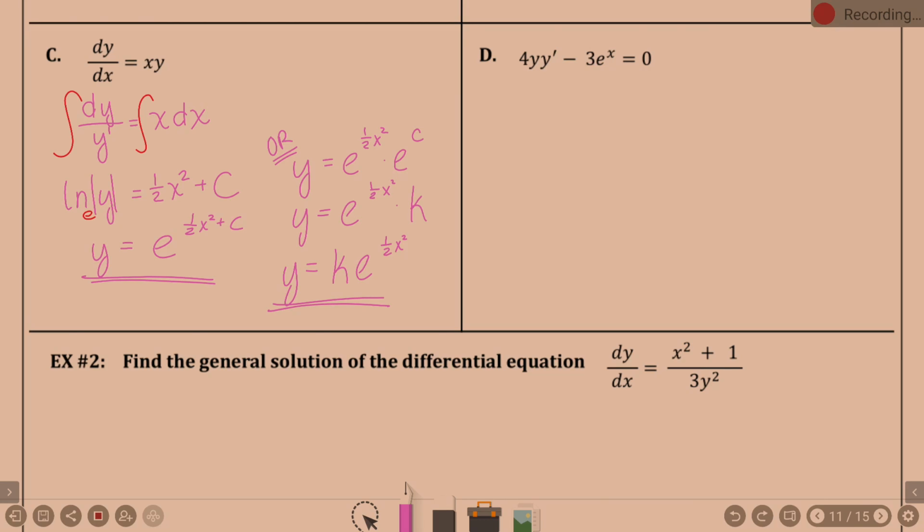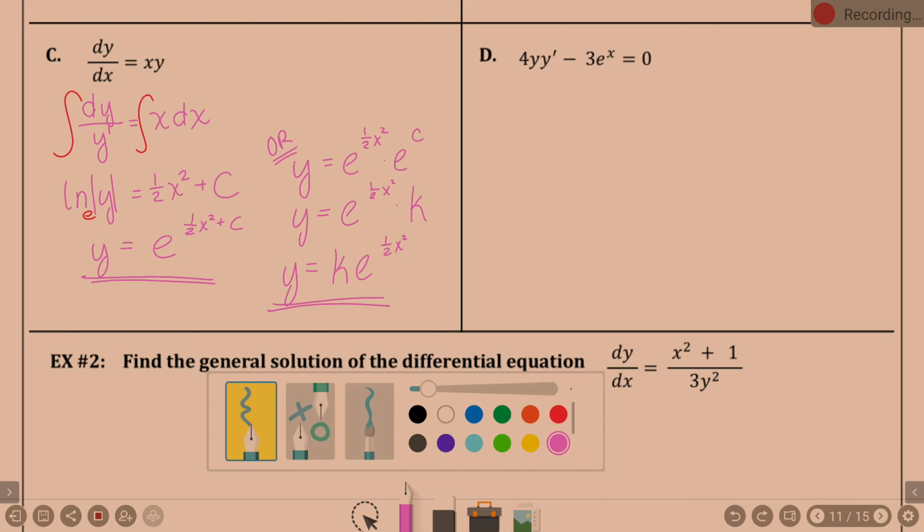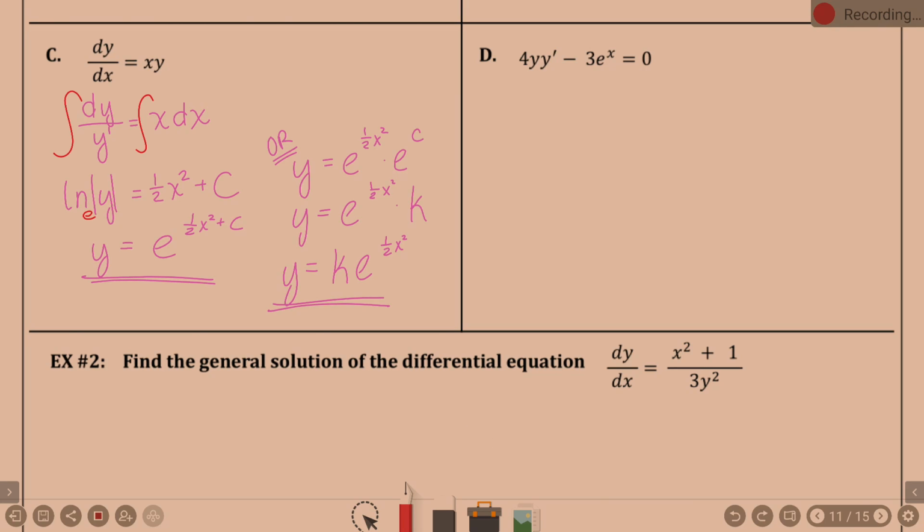4y y prime minus 3e to the x equals 0. What do we know? Add the 3e to the x over. Also, what do we know about y prime? So I'm going to rewrite this as 4y dy dx equals 3e to the x. Then multiply the dx over, so 4y dy equals 3e to the x dx.